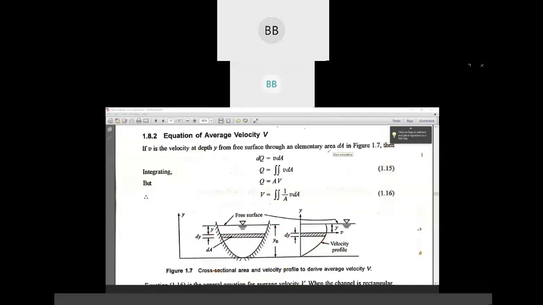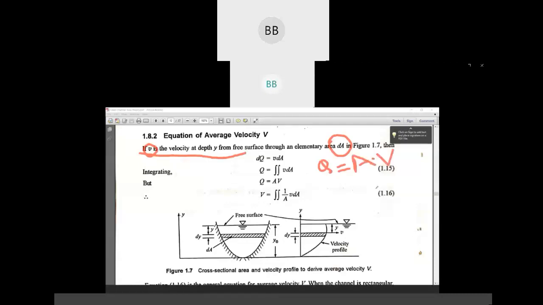So what we are going to do, similarly, is consider a small elementary area like the previous one, where the velocity for that small elementary area is v and the area is dA. Now we find out the discharge. Discharge, we all know, is equal to area multiplied by velocity.